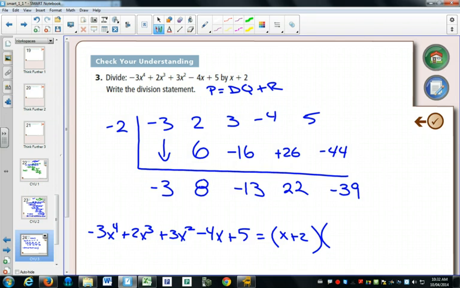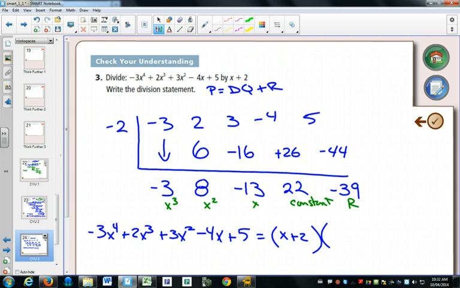You could start with this and say this is your remainder. The very last number will be your remainder, and work your way back. So this is the remainder, this will be the constant, this will be what's with x, this will be what is with x squared, and this will be what is with x cubed. So you can work your way backwards that way.